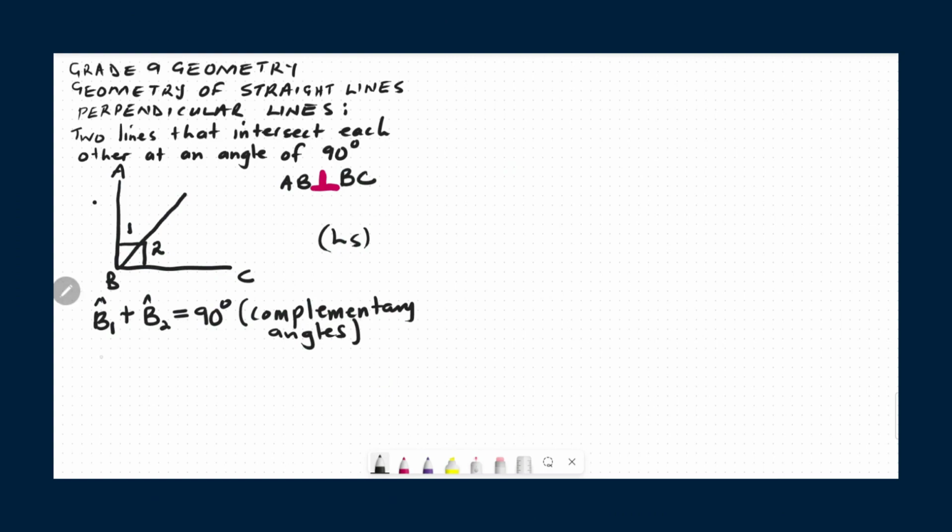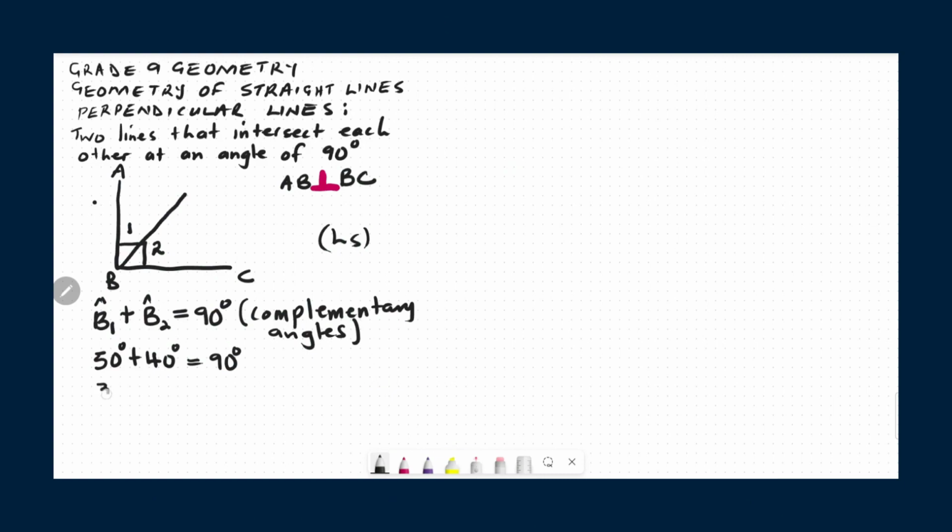Let me just give you some examples of complementary angles. 50 degrees plus 40 degrees is equal to 90 degrees. So those two angles are complementary, because they add up to 90 degrees.